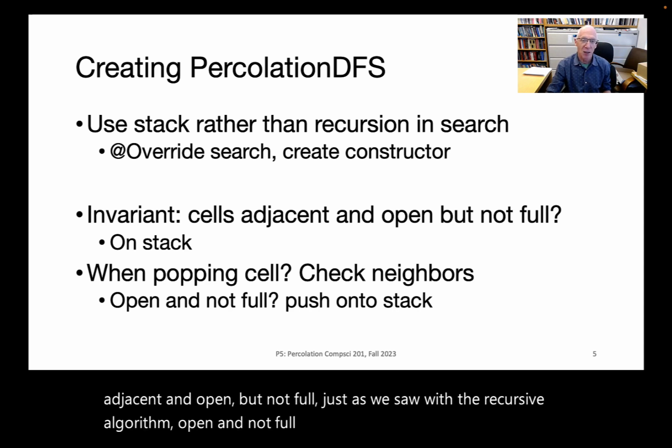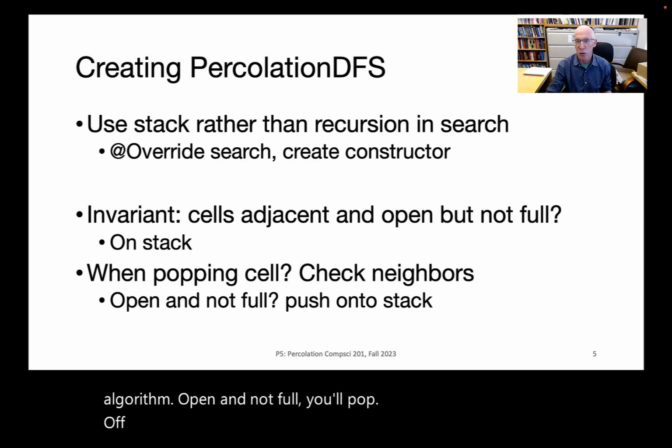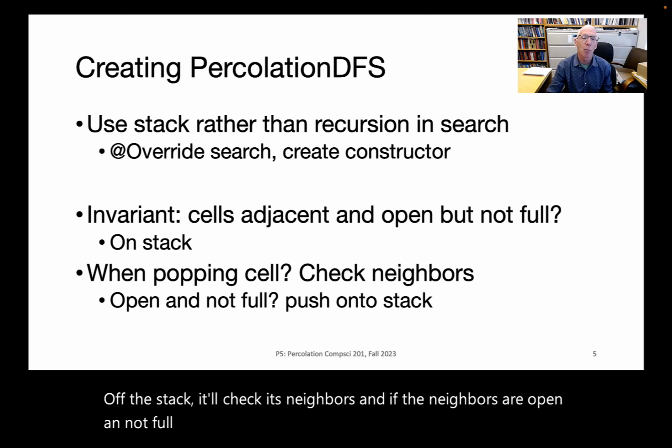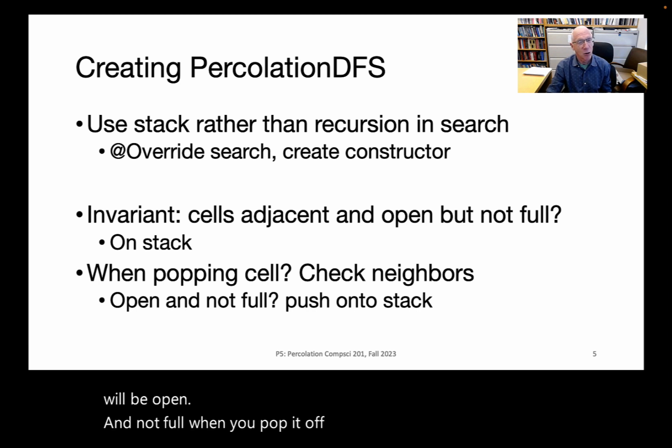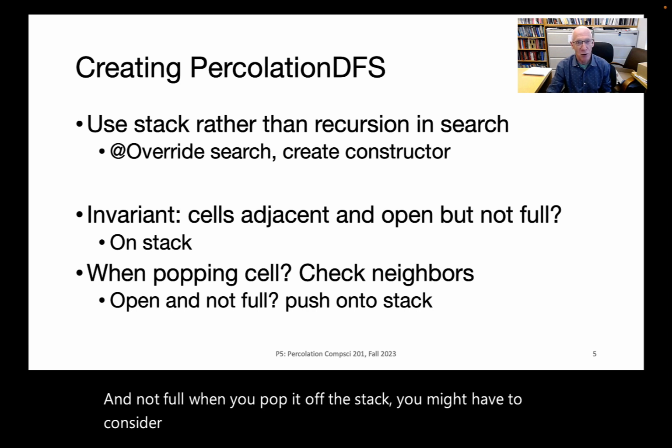You'll pop a cell off the stack, you'll check its neighbors, and if the neighbors are open and not full, you'll push them on the stack. So every cell on the stack will be open and not full. When you pop it off the stack, you might have to consider making it full the same way that we marked a cell as full in the recursive version.